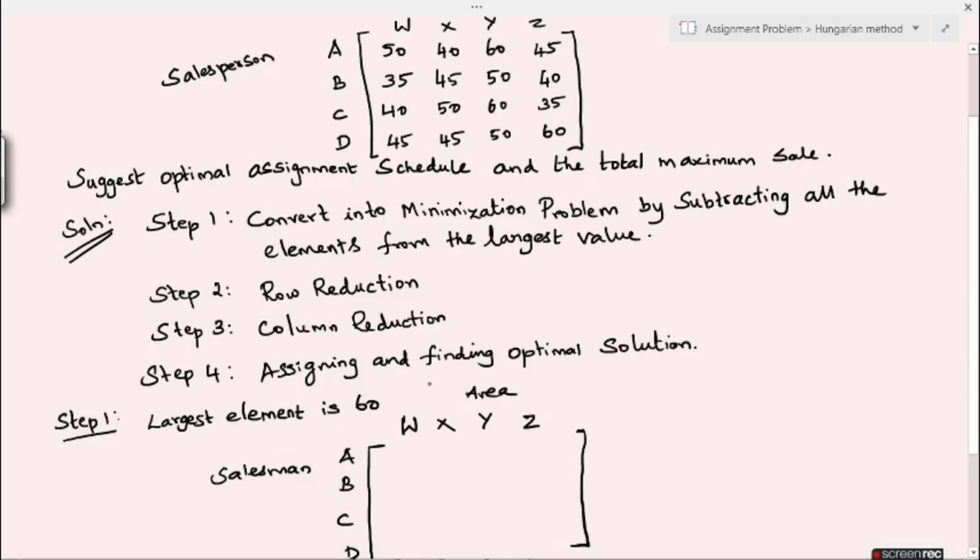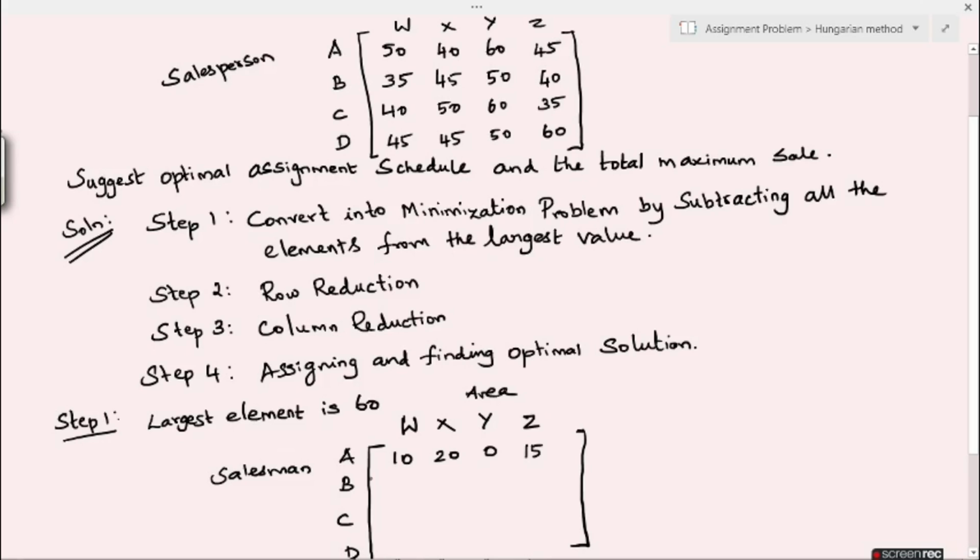Now we have to subtract all the elements. So first value, salesman A, area W, that value is 50. The largest element is 60. So 60 minus 50, 10, 60 minus 40, 20, 60 minus 60, 0, 45, if you subtract, you will get 15.